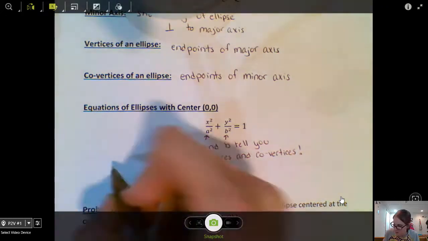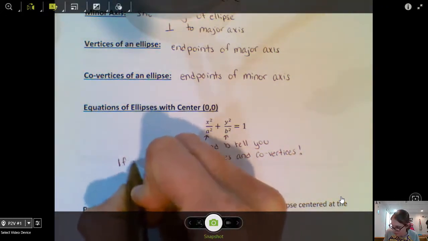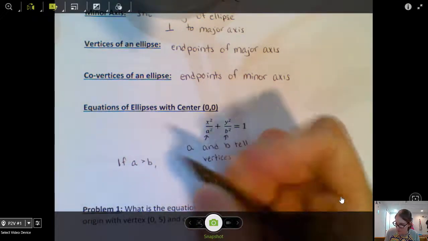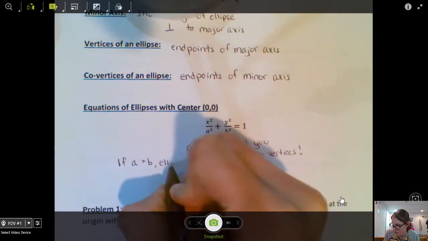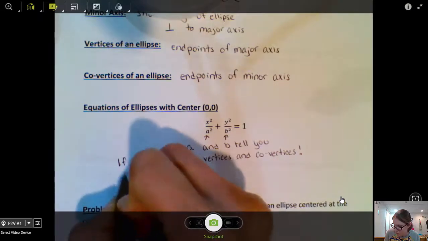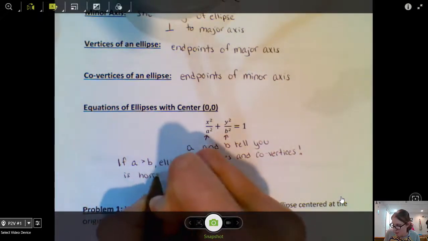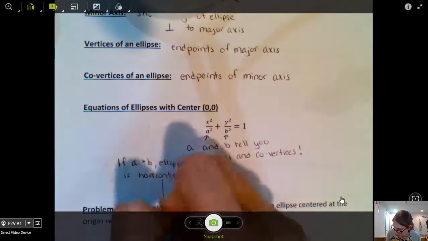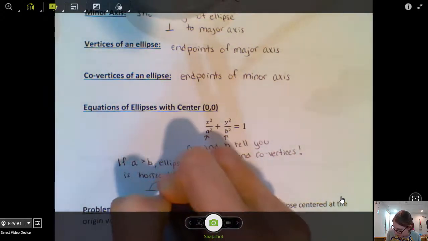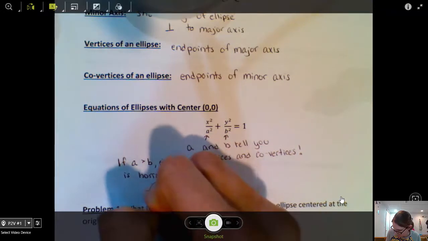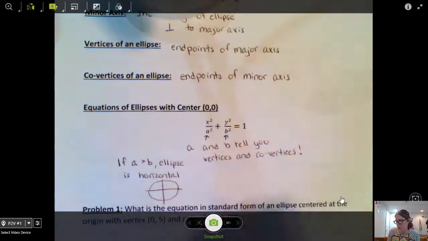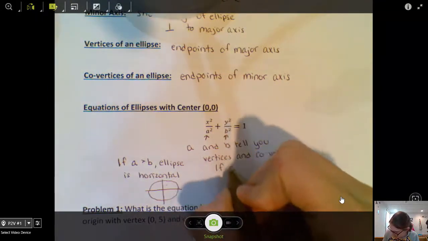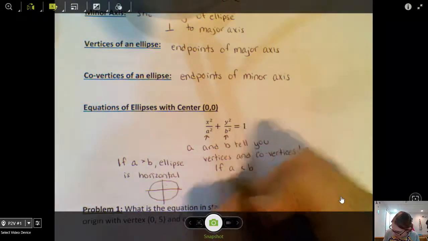If a is greater than b, the ellipse is horizontal. If a is less than b, the ellipse is vertical.